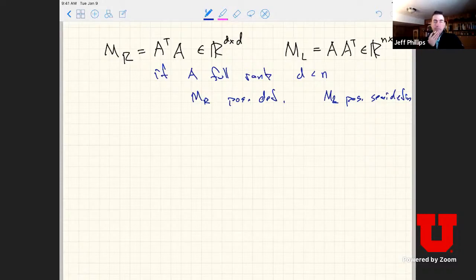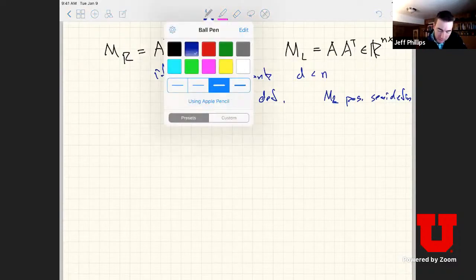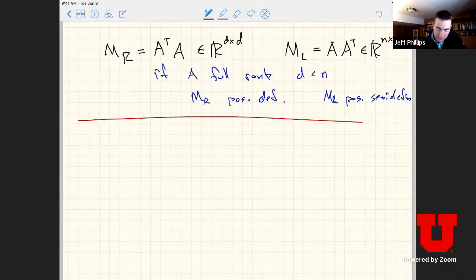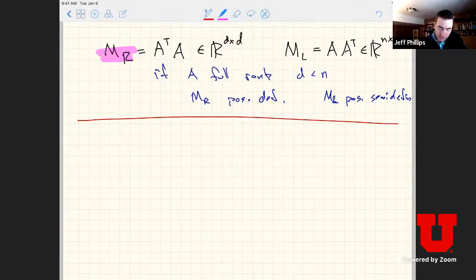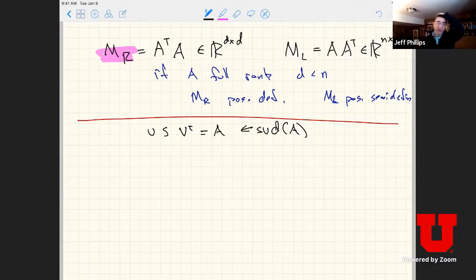Okay. So when I start this way, within this class, we're always going to start with this sort of setup here. And let's start with M_R written this way. Let's again say that I have U S V transpose equals A, where this is from the SVD of A. So I've got U, S and V transpose here.